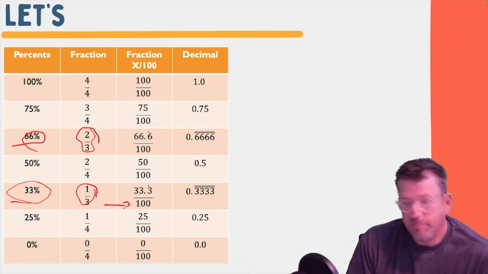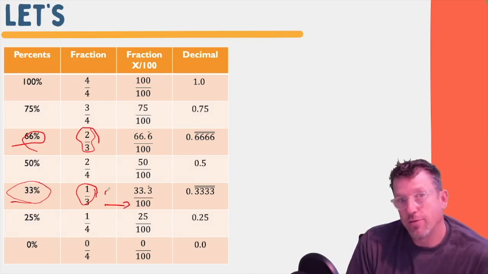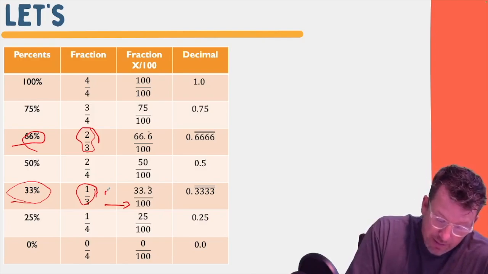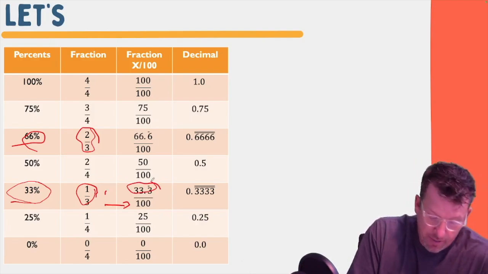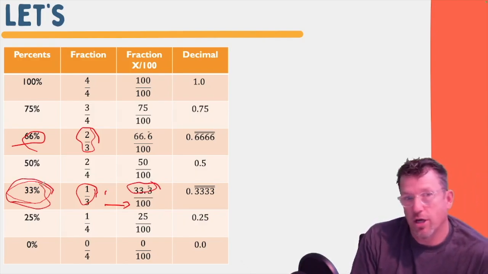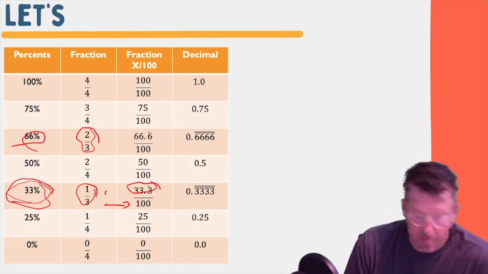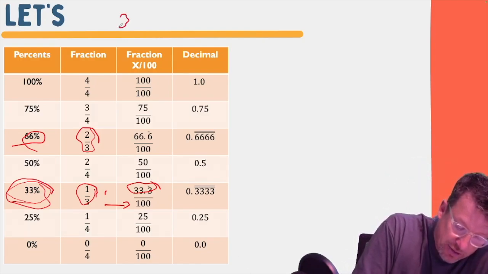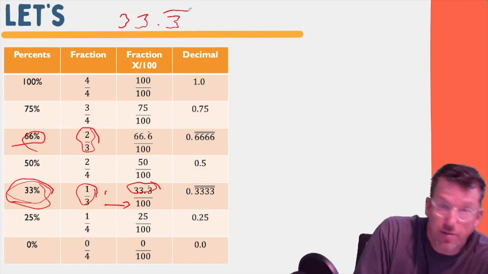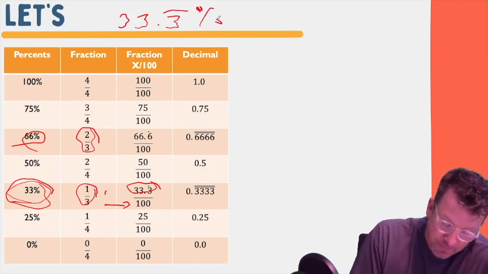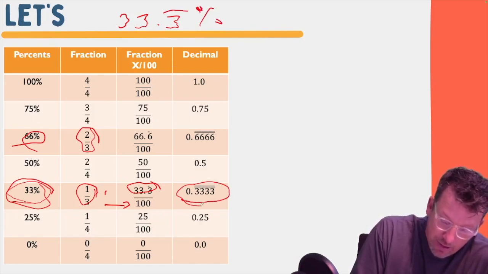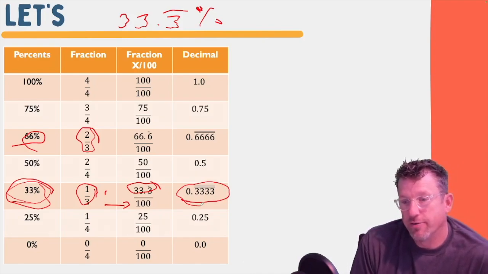So then we multiply the top by 33.333, and we'd get 1 times that equals this. That's why the percent we typically use when talking about a third is 33%. But what it really is is 33.3 with a repeating line over it percent. Just like when you turn it into a decimal, it's 0.33333 and on.